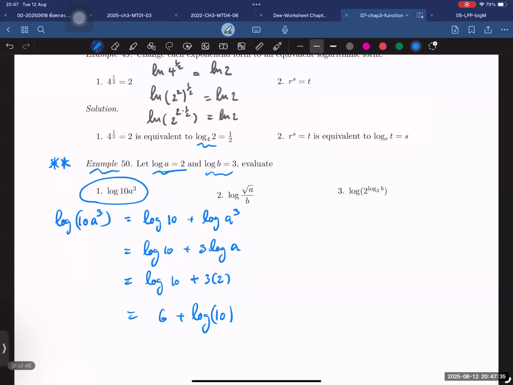But if they do not give it, just leave it like that. Oh, one thing, the log here is log of 10 base 10, right? Log of 10 base 10 is just 1, right? So we got 6 plus 1. So log of 10 base 10 is equal to 1. So we got 7 in this case.